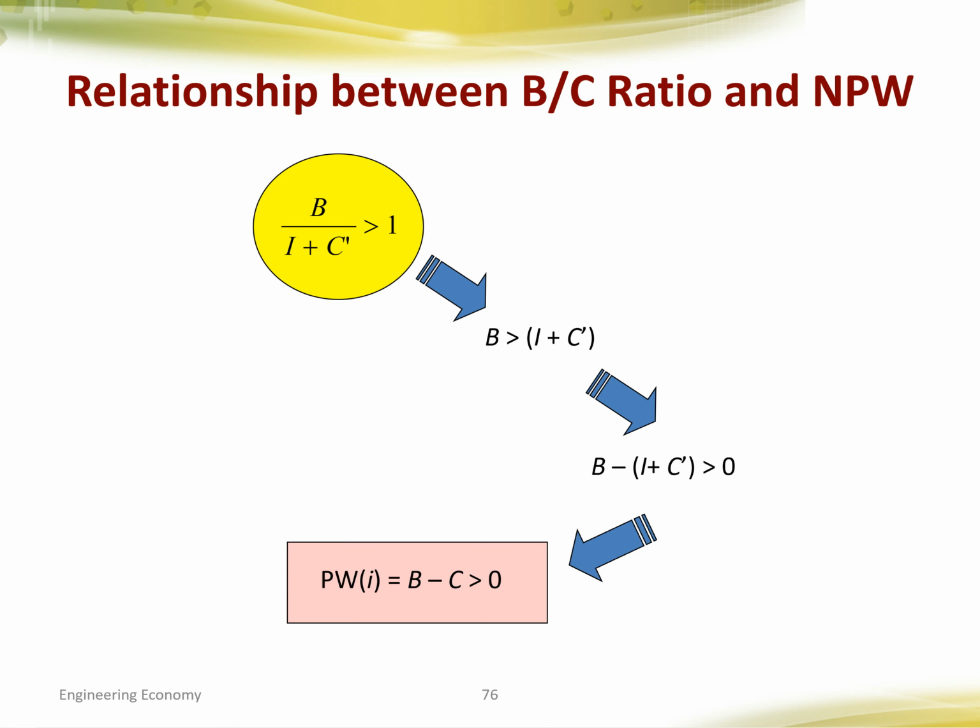Okay. If benefit minus cost is greater than 0, we can accept it. So this is exactly the same as saying that if in the end the present worth of the overall cash flow is greater than 0, then we'll accept the alternative.